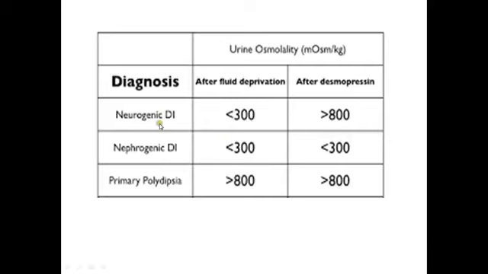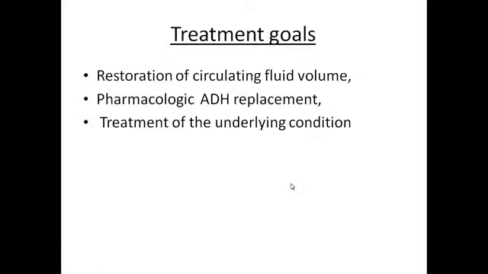Central, you will call it if after fluid deprivation it still remained diluted and it was less than 300, and then you gave desmopressin and it raised to more than 50% or more than 800. Okay? Nephrogenic, it remained diluted. Primary polydipsia, after fluid deprivation it became more than 800, and after desmopressin it remained more than 800. So it was the same.